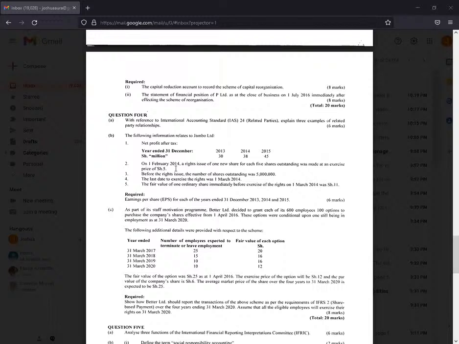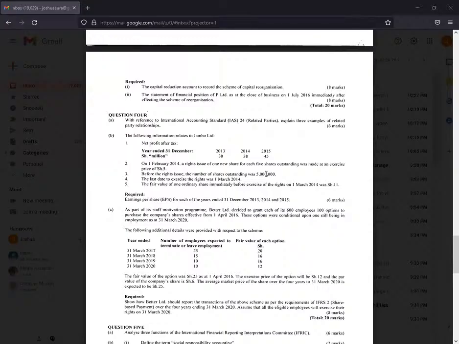It will not affect us in 2013. We go to note number 3. Before the rights issue, the number of shares outstanding was 5 million. So all along, before the rights issue, we have been having 5 million shares. And then note number 4, the last date to exercise the rights issue was 1st March 2014.